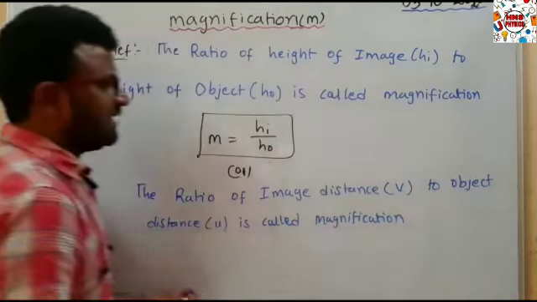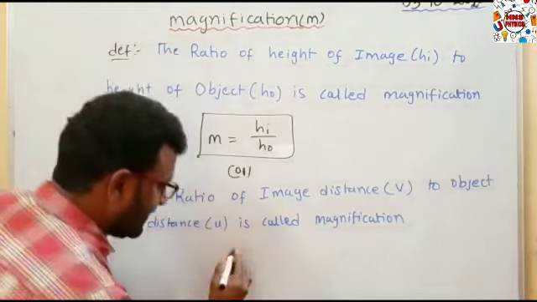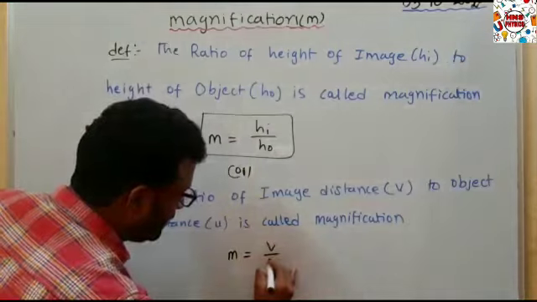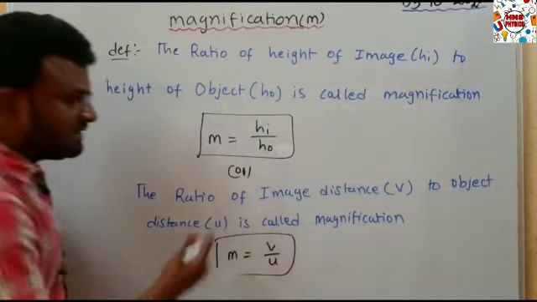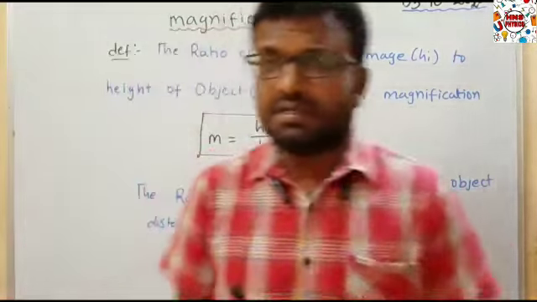So we can write the general formula, that is m is equal to v by u. So these are the general formulas for magnification, right?